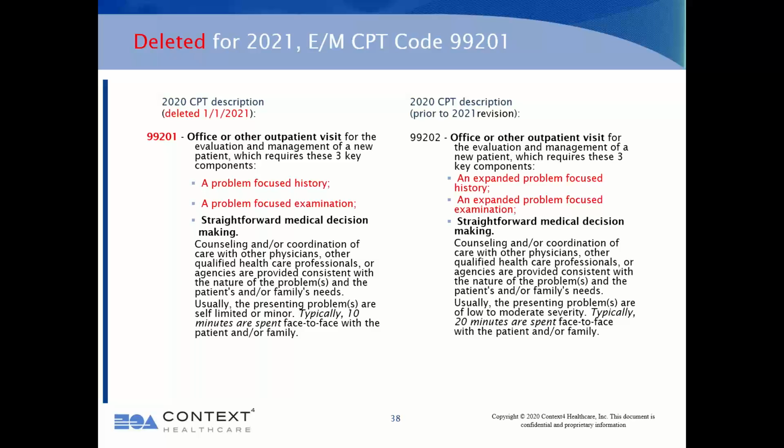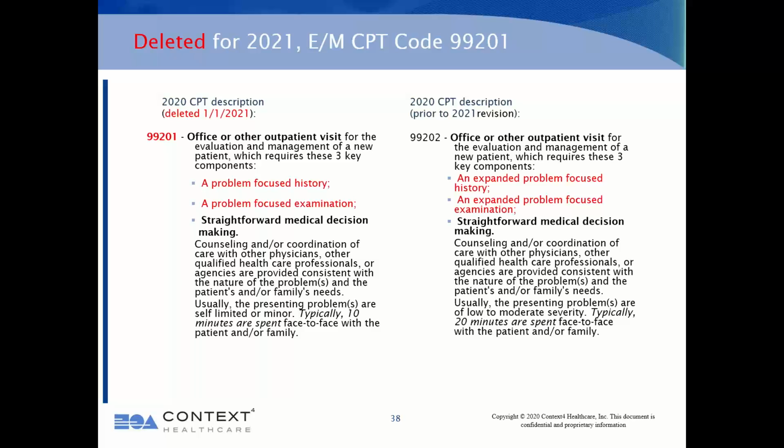Previously, both required straightforward medical decision-making. The main differences between the 2 codes was in the history and physical exam components. So when in 2021, CPT removed history and exam as key components of this code group, 99201 was deemed redundant, and so it has been deleted.